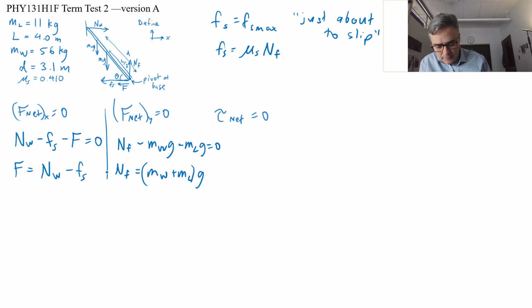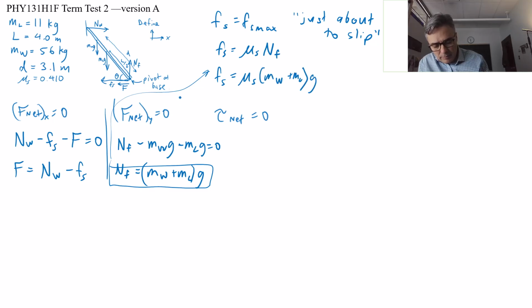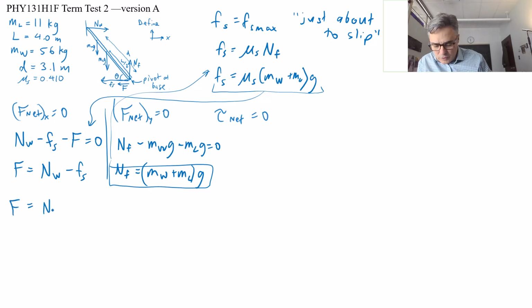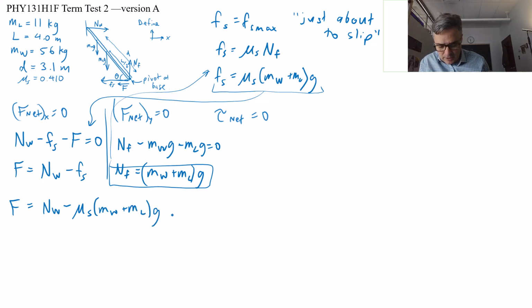We can take this y balance and figure out the static friction as being mu sub s times total mass times g. We can plug that in to get that the force we're looking for is the normal force of the wall minus mu sub s times the mass of the woman plus mass of the ladder, times g. Okay, so now we need to take the net torque equation.